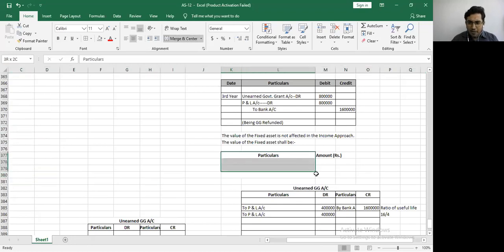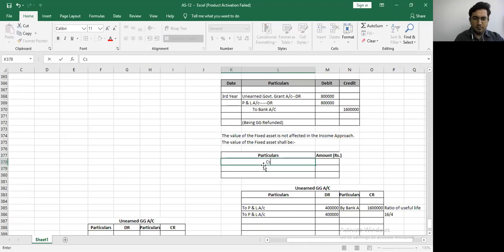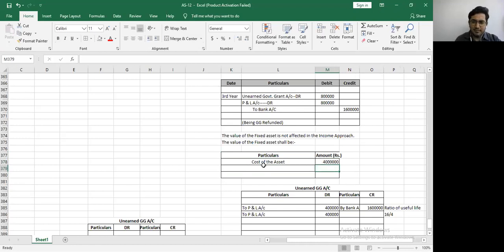Okay, the value of the fixed asset shall be, tell me, what's the cost of the asset in the question? Cost of the asset in the question, everyone, is how much? 40 lakhs.